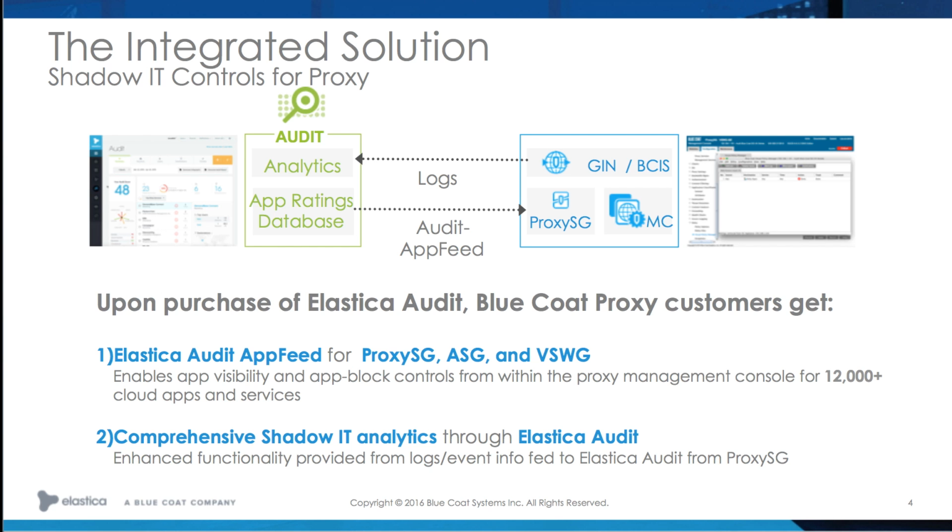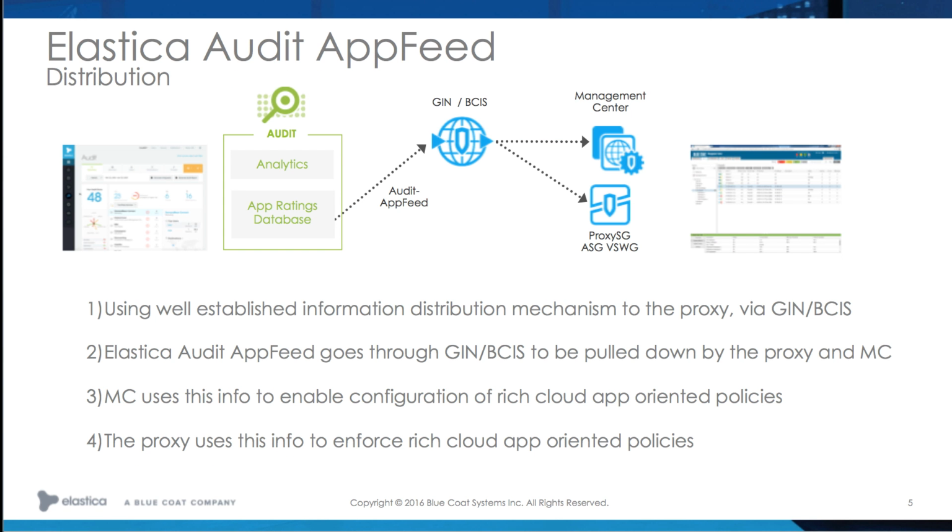For Shadow IT Analytics, Cloud App Risk Assessment, and reporting, customers can transfer their Blue Coat ProxySG logs to Elastica Audit using SpanVA, which is an on-premise virtual appliance that can anonymize and compress logs before sending logs to the Cloud SOC. Once the customer subscribes to CASB Audit SKU and activates the license, Audit App Feed is distributed to the respective ProxySGs and Management Center using Blue Coat's Global Intelligence Network, also known as GIN.